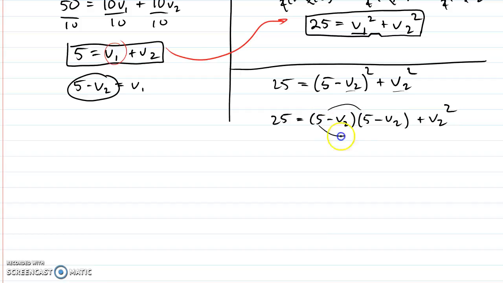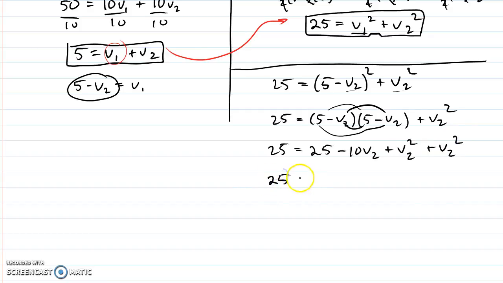So I have to do first, outside, insides, and last there. After you FOIL this out, you should get 25 minus 10v2 plus v2 squared plus v2 squared. Okay, keep going here. You have 25 minus 10v2 plus 2v2 squared.